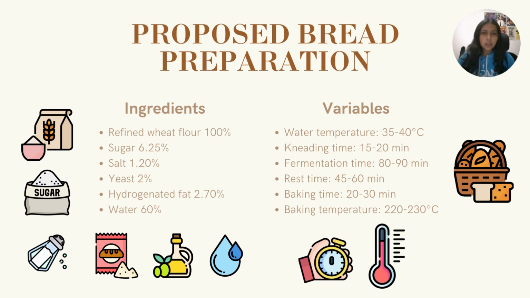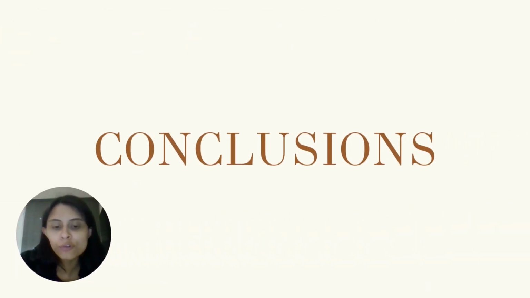After kneading, it is recommended to leave the dough to ferment for at least 80 minutes so that it increases its volume and produces enough ethanol and organic acids to obtain a good flavor. Finally, to obtain a crispy and well-colored crust, it is optimal to bake the bread at approximately 230 degrees Celsius for 30 minutes. Finally, we will move on to the conclusions.